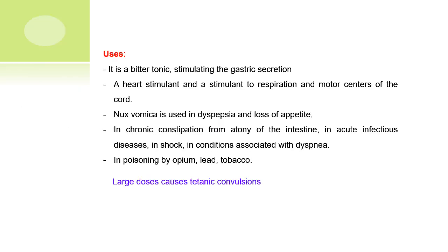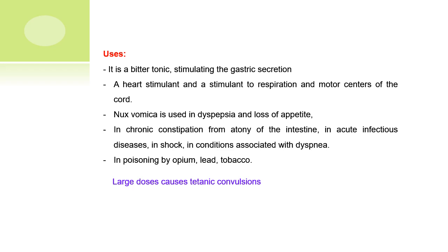Nux vomica is used in very small doses as a bitter tonic, an appetite stimulant, and for stimulating gastric secretion. Due to the presence of the indole alkaloids strychnine and brucine, Nux vomica has a stimulant effect on the heart and respiratory center, as it has a stimulant effect on the spinal cord.